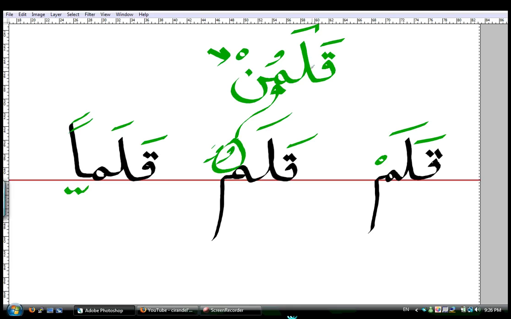So qalamun, qalaman, and we have the last one, which comes when we put double kasra under it, and the pronunciation for this one would be qalamin.